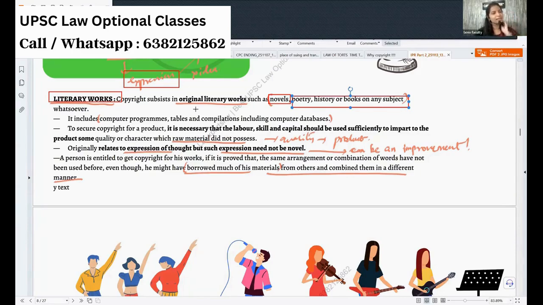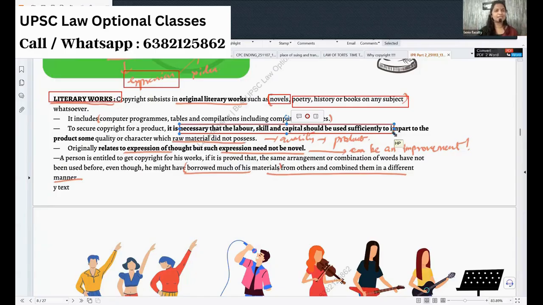And what is important is that it must have the necessary labor, skill, and capital sufficiently imparted to the product. Say, for example, I am going to compile all the standard books. That's what Law Experts is doing. You can ask me why. For UPSC law optional, standard books are important. But reading all the standard books is very difficult because you have your GS and your prelims.